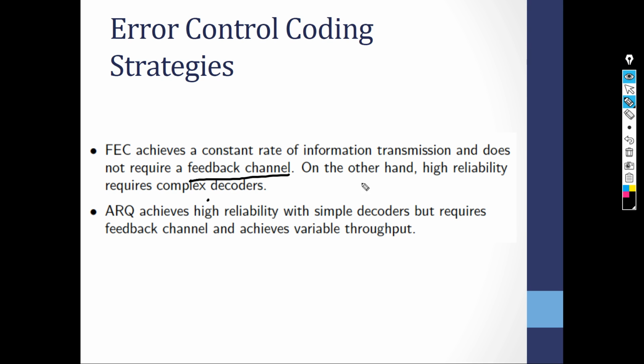ARQ achieves high reliability with simple decoders, but requires a feedback channel, achieves variable throughput, and increases the delay. These are the two key differences between them that we should be careful about.